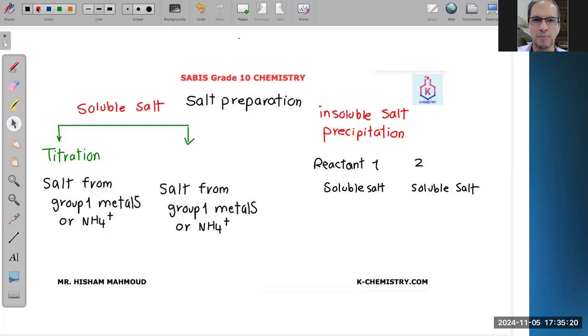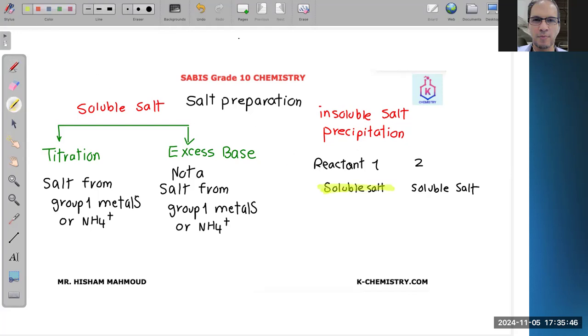So not a salt from group 1 or from the ammonium salt. Okay, it's called the excess base method, or sometimes it's called in our book or in the exams the titration, the excess base method. Okay, this one I have reacted two soluble salts.